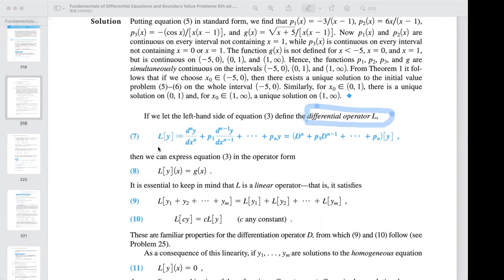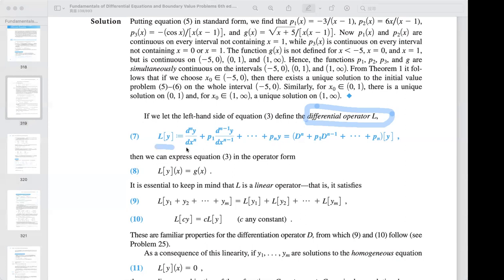Okay, so here is the definition. We have a differential operator L working on some function y. L working on the y function means d^n y over dx^n plus p1 d^(n-1) y over dx^(n-1) plus dot dot dot plus pn y.